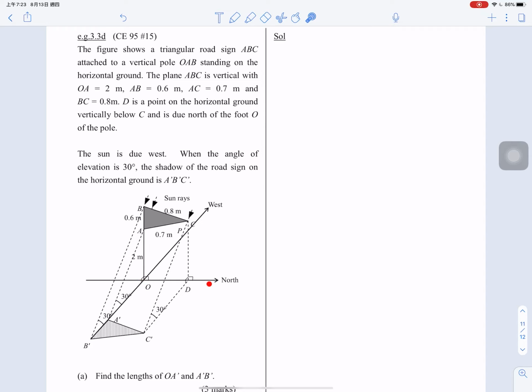That means this direction, D due north. Here the sun is due west, that means the sun right here.